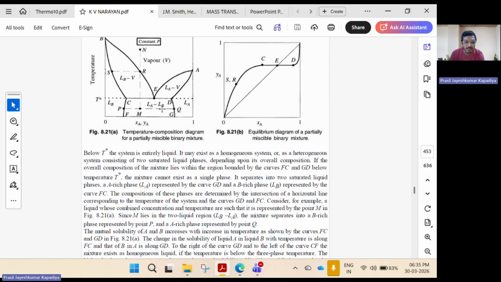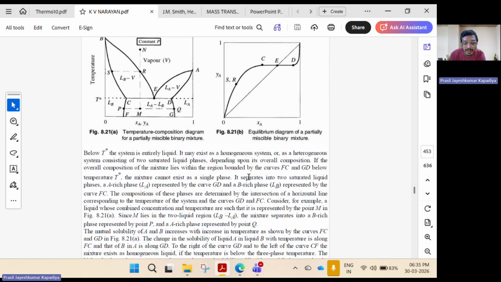If the overall composition of the mixture lies within the region bounded by the curves FC and GD below T star, the mixture cannot exist as a single phase.